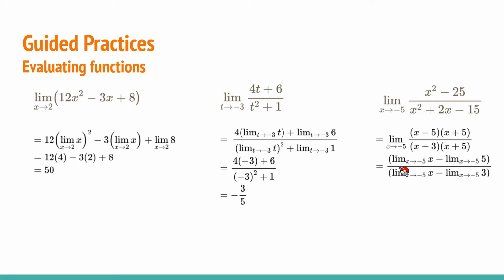So it becomes the limit of x as x approaches negative 5 minus the limit of 5 as x approaches negative 5 over the limit of x as x approaches negative 5 minus the limit of 3, and so on. From there, we'll get negative 5 minus negative 5 over negative 5 minus 3 to get 5 over 4.